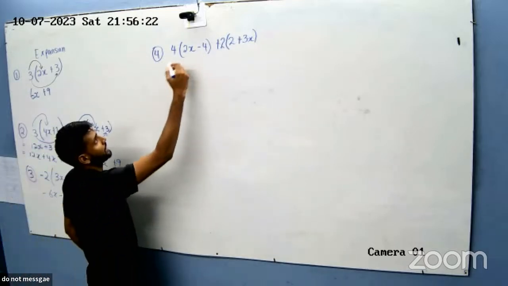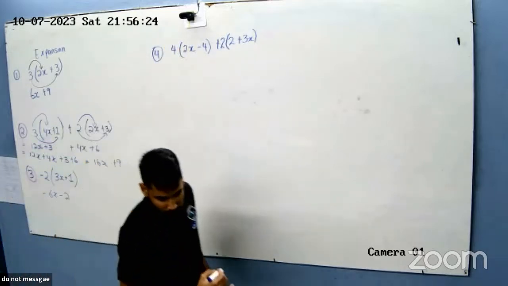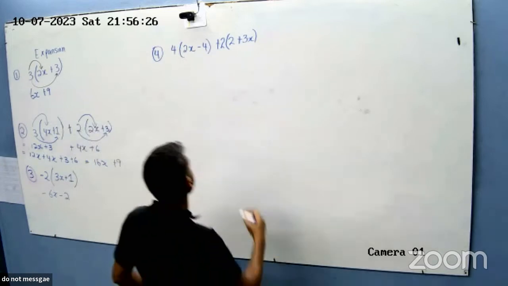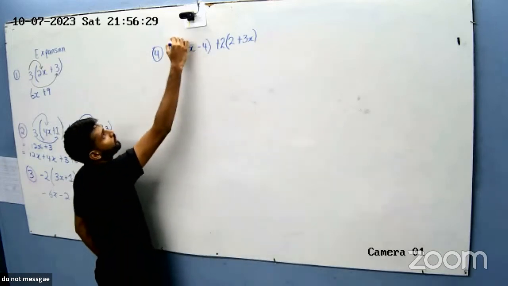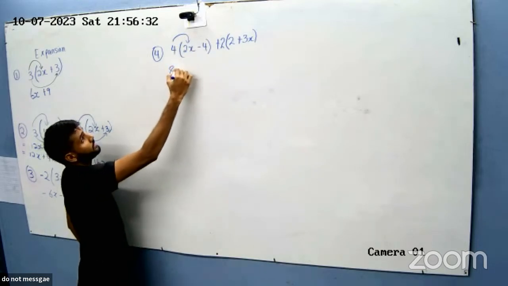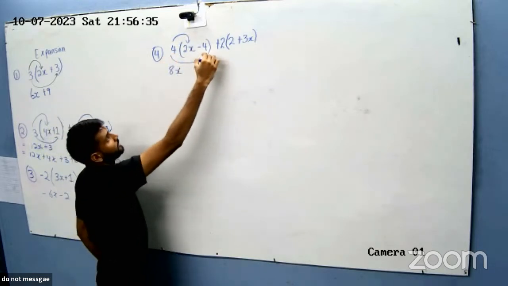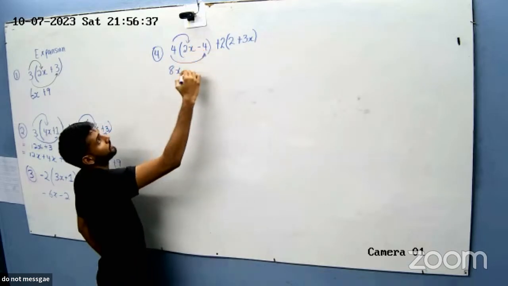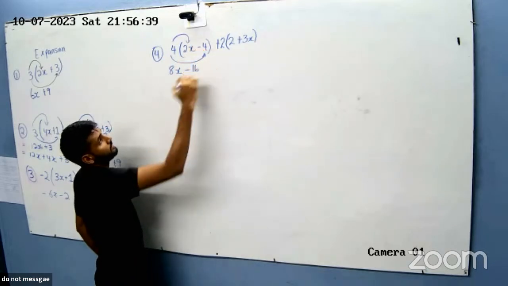All right, so let's try it. We're doing 4 by 2x, 8x, then 4 by minus 4 will give you minus 16.